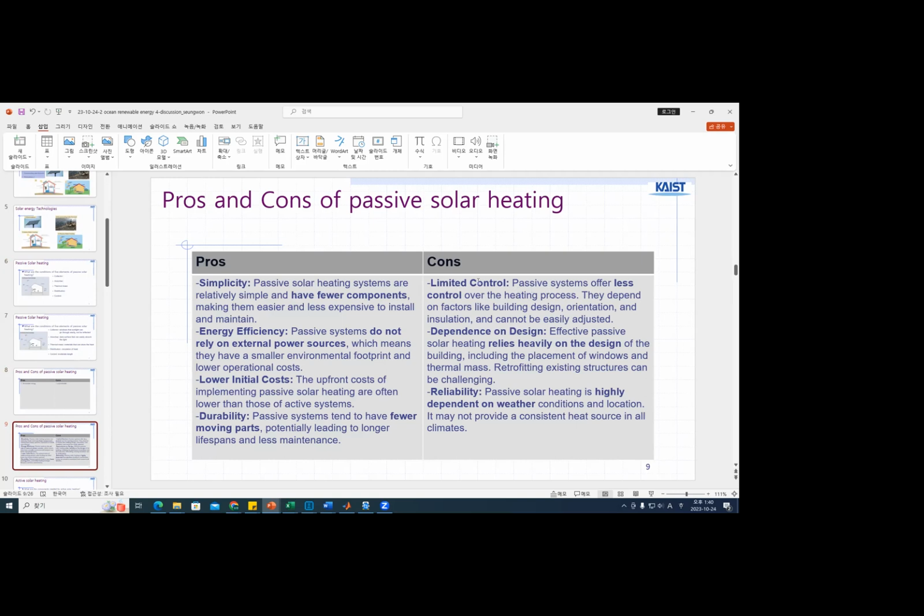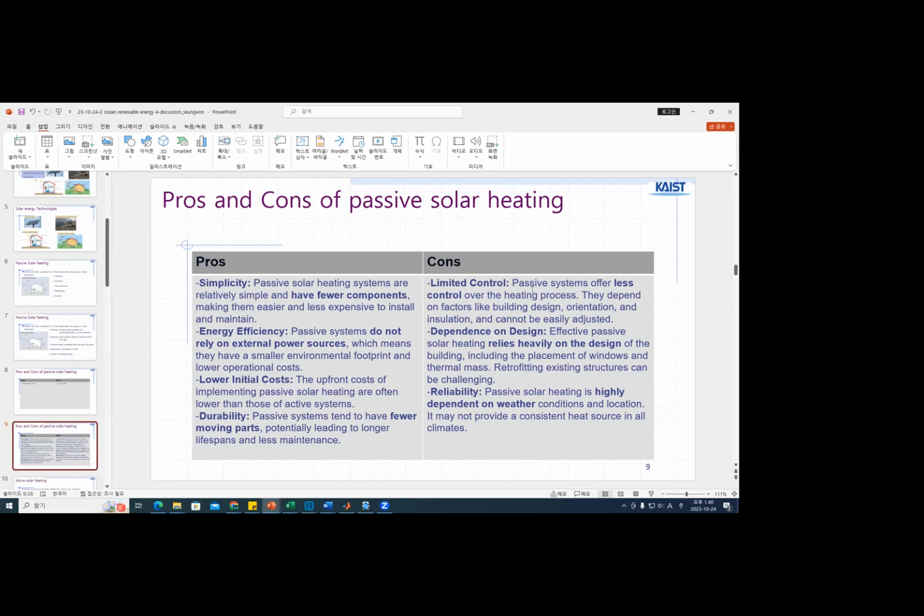So it could be limited control. And also, like I said, it is very dependent on the design. So we have to design the room to be very good at circulating heat easily. Also it relies heavily on the sun's energy, so it's highly dependent on the weather.